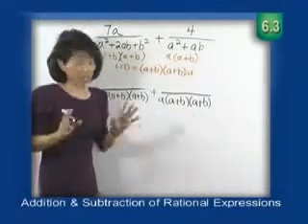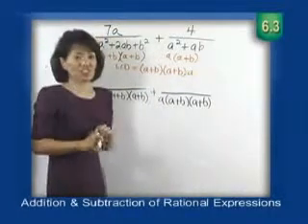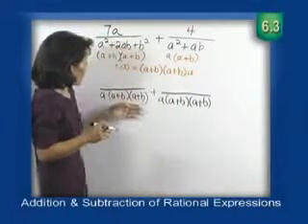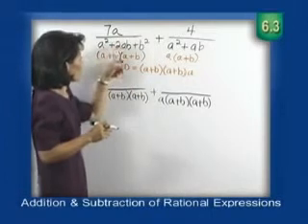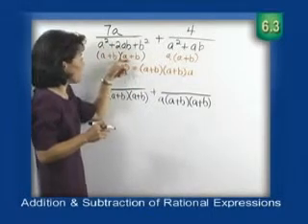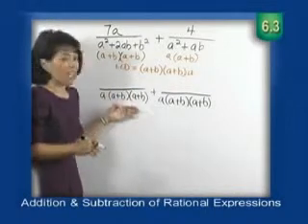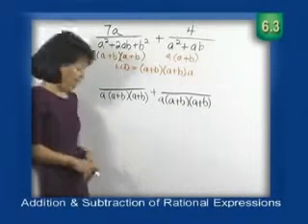Now here's the sometimes complicated part. We're going to rewrite each fraction over this new LCD. Now how do we do that? Well, in this first fraction here, I compare my denominators. Here was this one in factored form, a plus b, a plus b. What's missing between this and our new LCD? What's missing is just this factor of a.